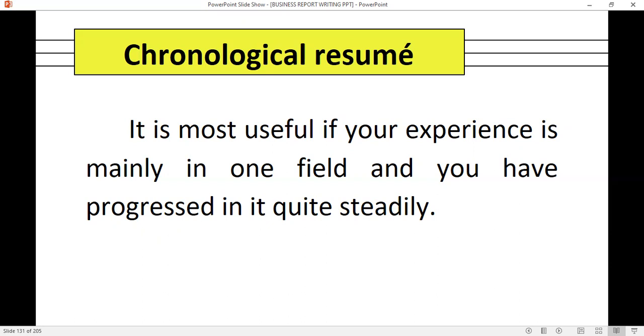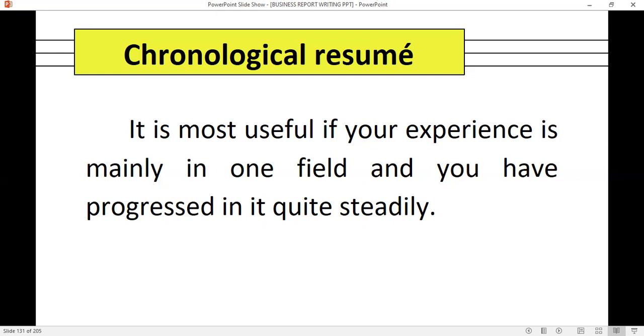The focus of your career or experience is only one. For example, in teaching. Since you worked as a teacher, until the present time or such time that you apply to a new institution or business or company, that is still the focus of your field.